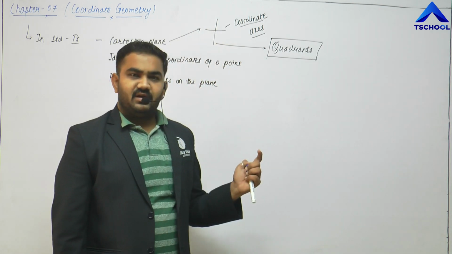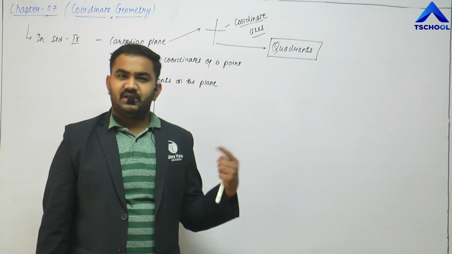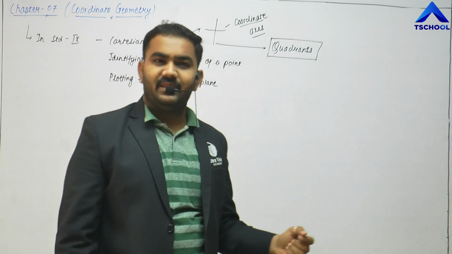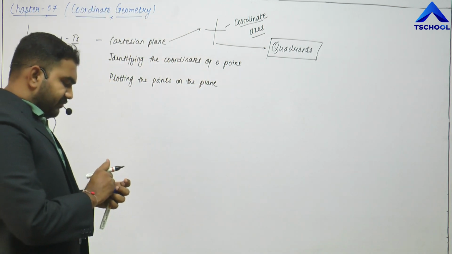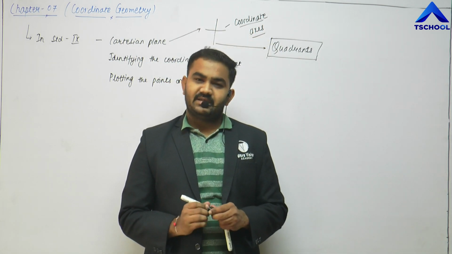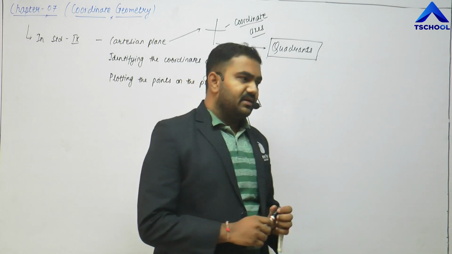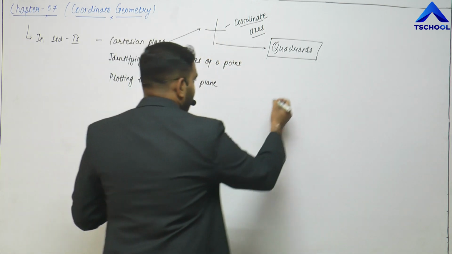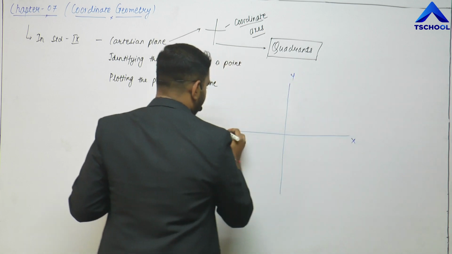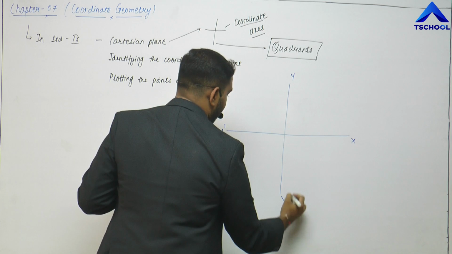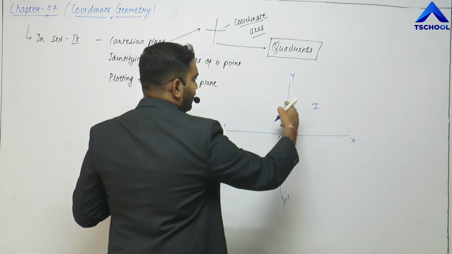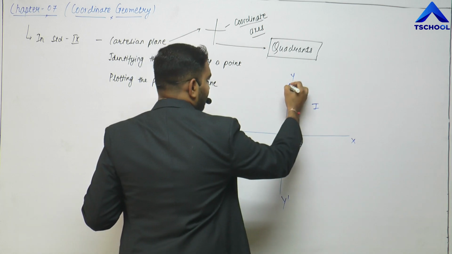So the first quadrant was made by the positive x-axis and positive y-axis. We already know all these things, so I'm not going to repeat that again here, right? Let us simply recall that the first quadrant was made up of positive x and positive y, friends, right?